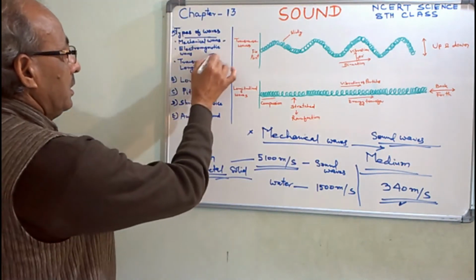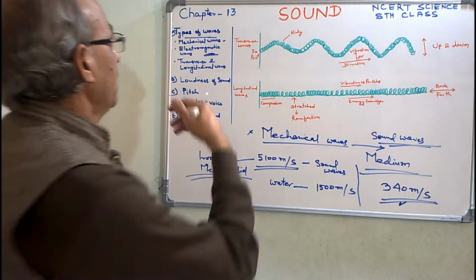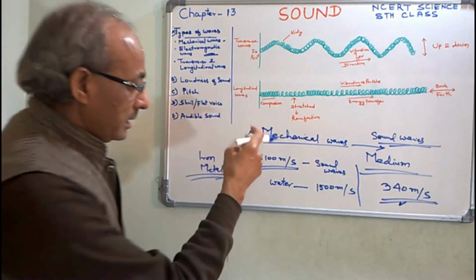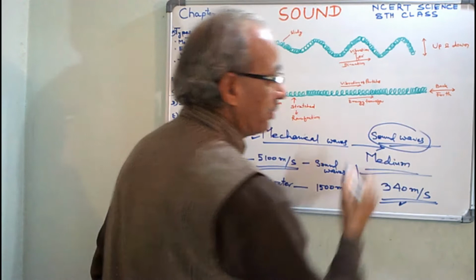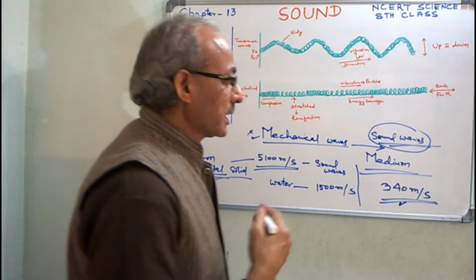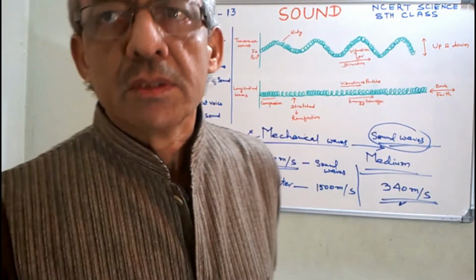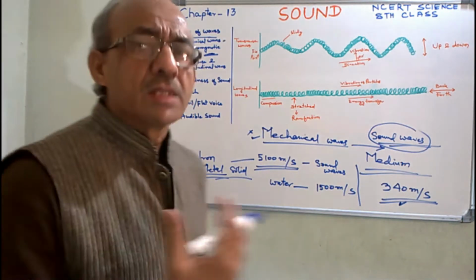Now, here we will also discuss a certain type of electromagnetic waves. In the case of mechanical waves, particularly sound waves, we found that propagation or transmission of the sound wave or any type of mechanical wave requires a medium for transmission.